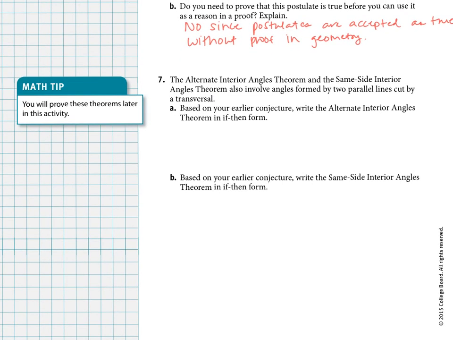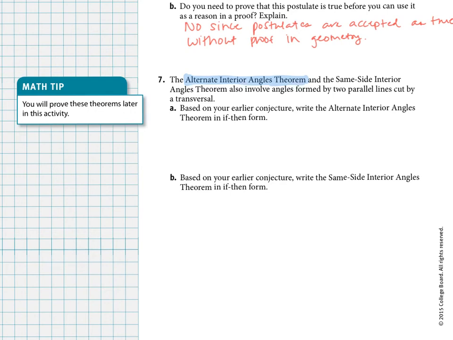I'm actually going to have you try 7A on your own, but let's read the question. It says the alternate interior angles theorem and the same side interior angles theorem also involve angles formed by two parallel lines cut by a transversal.